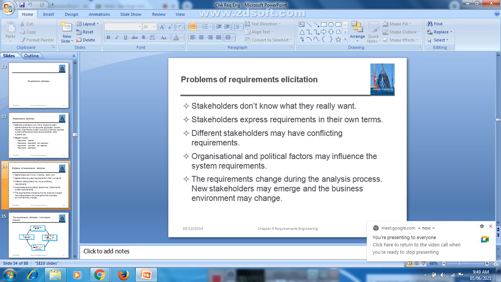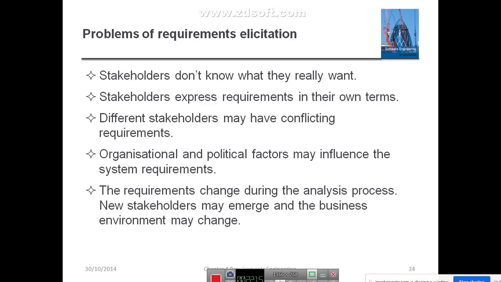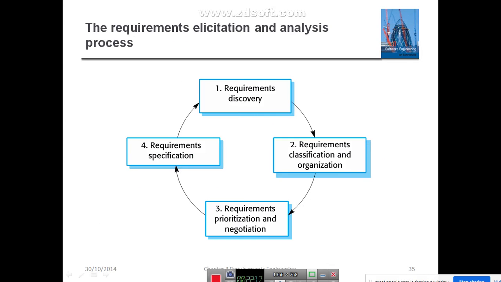Then after that, we will see all four phases included within the requirement elicitation. Just go through the diagram. As already told, the requirement elicitation and analysis process has first requirement discovery, then requirement classification and organization, requirement prioritization and negotiation, and requirement specification. These are all interleaved.